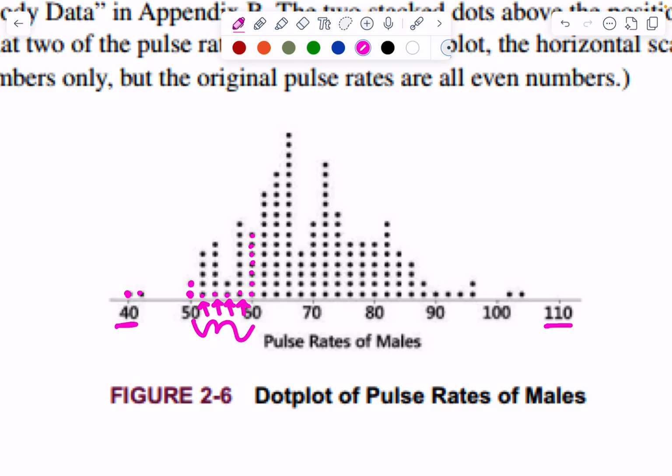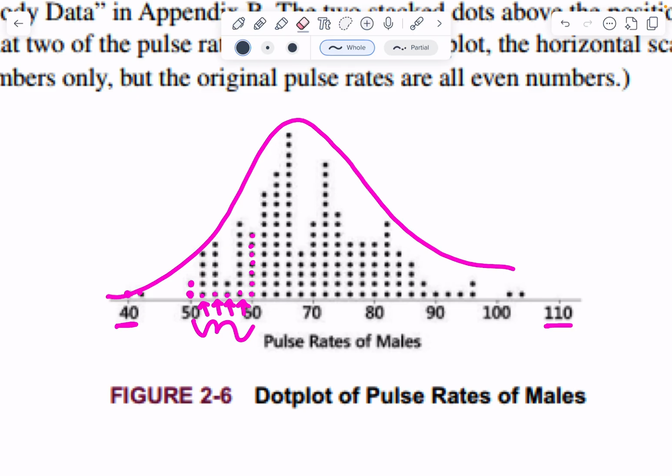One nice thing about a dot plot is that you can see the shape, kind of like a histogram. You can see the shape of the data. And this one has a really nice element to it: all values can be read on the graph.